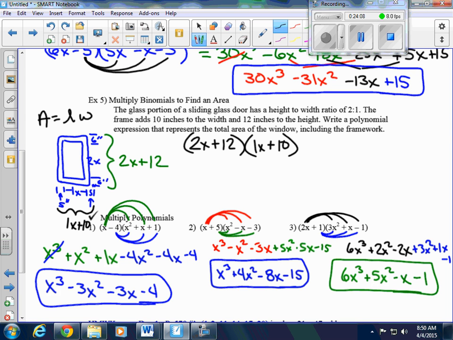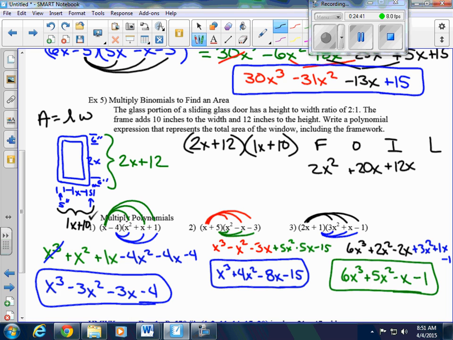So again, they're both binomials. What are you going to do? We're going to use the FOIL method. So let's write that over here, and we're going to multiply them. First, 2x squared. Outsides, 20x. Insides, 12x.